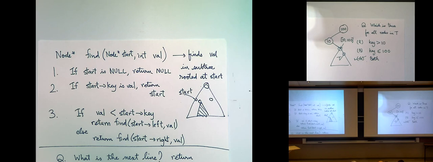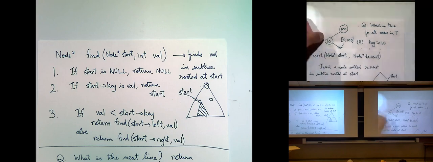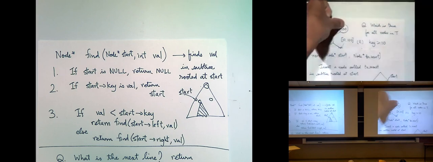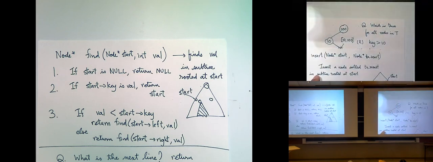So you're right that if you were to call this function from the middle without seeing what's at the parent, you would break the invariant.